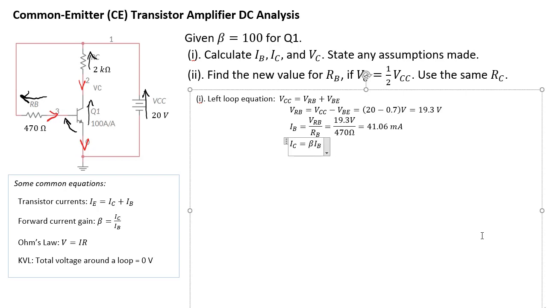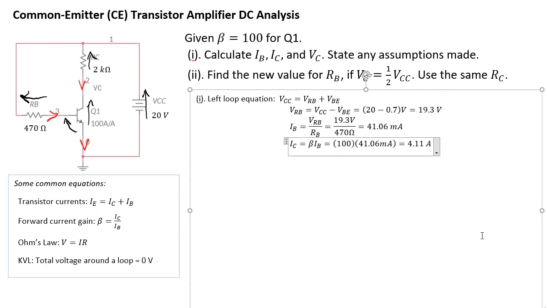That's 100 times 41.06 milliamps, which works out to be 4.11 amps. So clearly that is obviously not right.